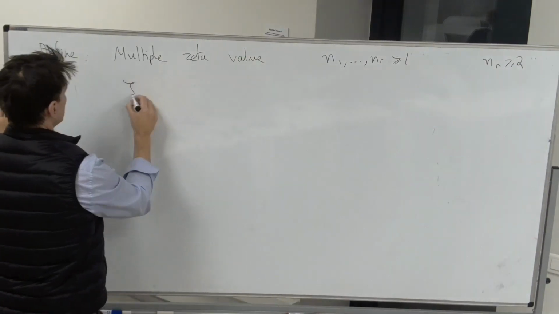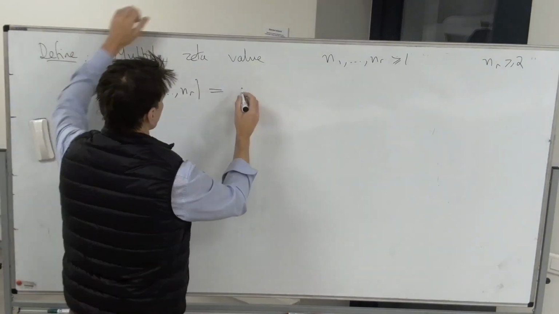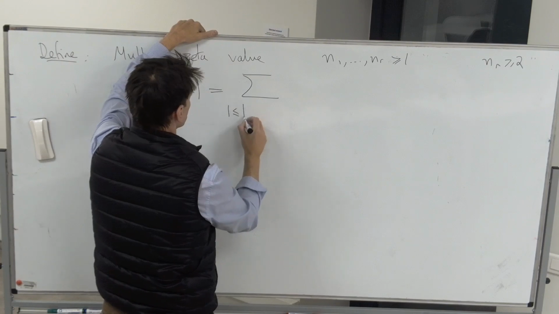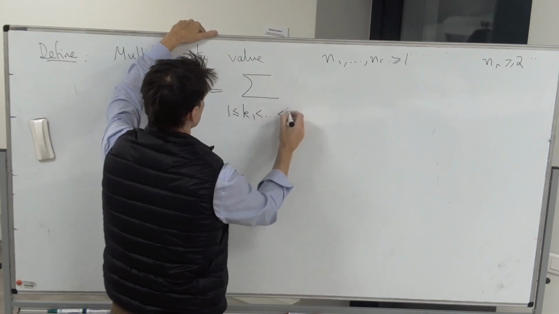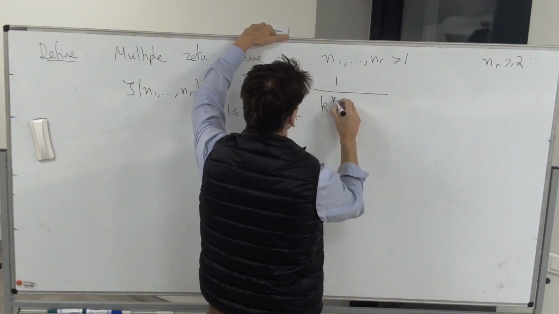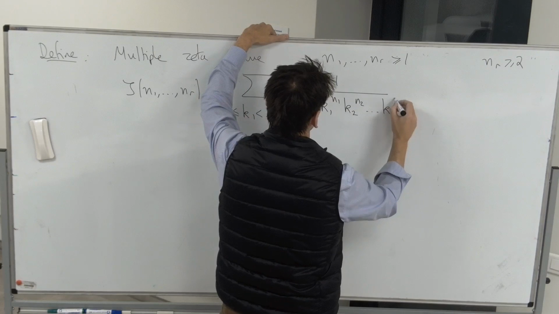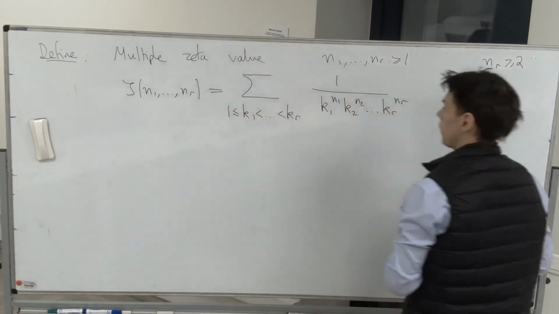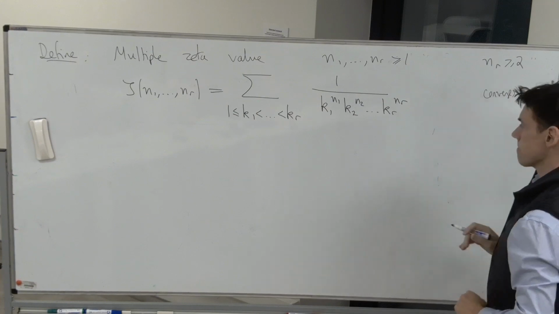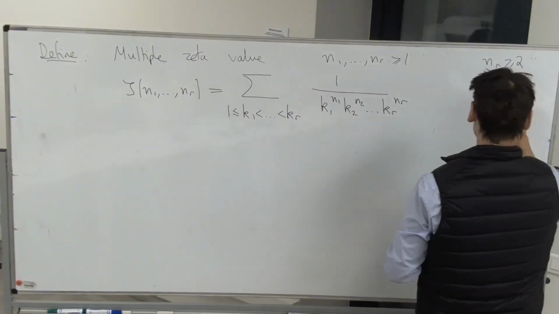And you define zeta of n1 up to nr as a sum. And this sum converges, so it defines a real number.